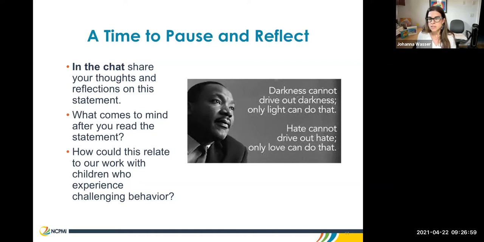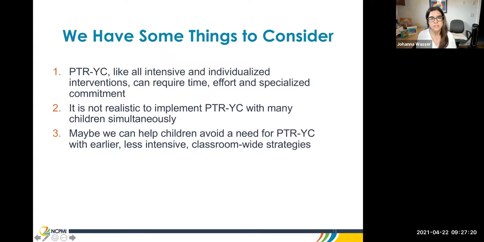Opposites must exist for us to realize how essential light and love are. Lovely. And then many of the children we work with are in need of supportive, loving adults in their lives. Sometimes the behavior is out of a need for love and caring. Absolutely. Thank you so much for those reflections.